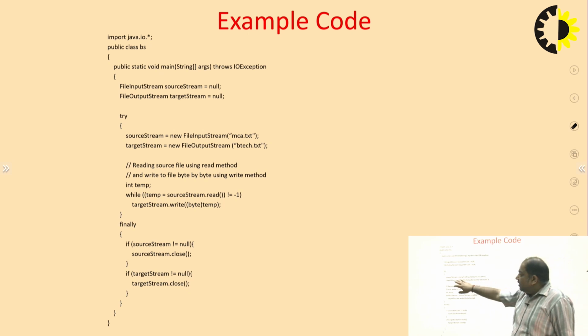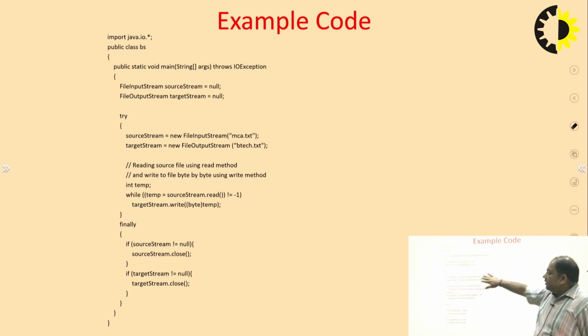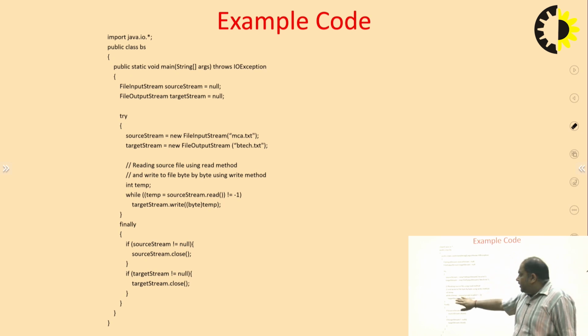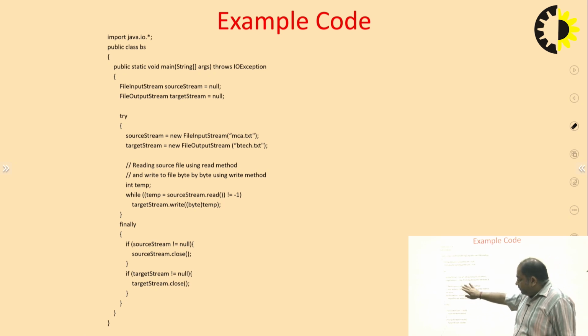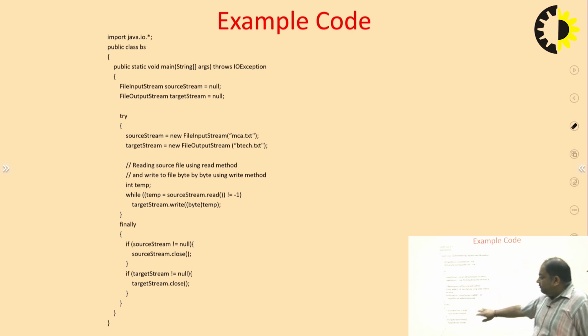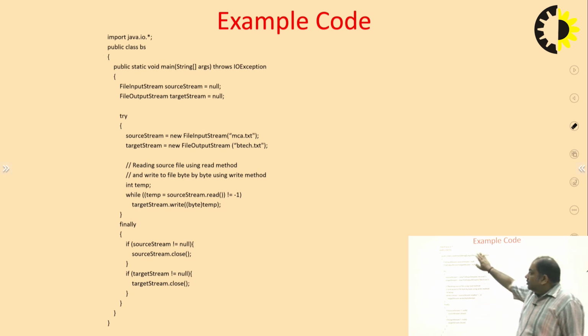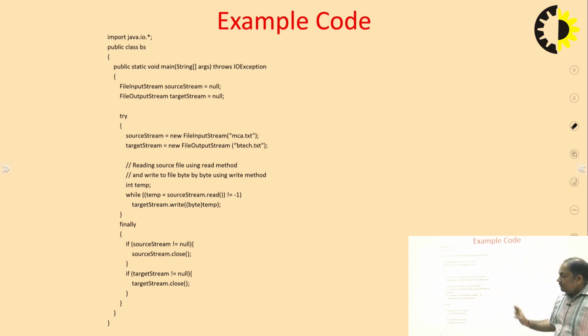Then we give a source stream, which is our source file, mca.txt, and our target file, which is btech.txt, and in temporary we assign it -1. Finally, if not equal to null, then we close the source file, and if not equal to null, then we close the target file. So it is the program which reads from the source file using the read method and writes it to a file using the write method.